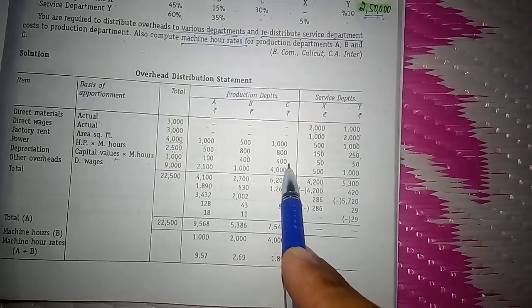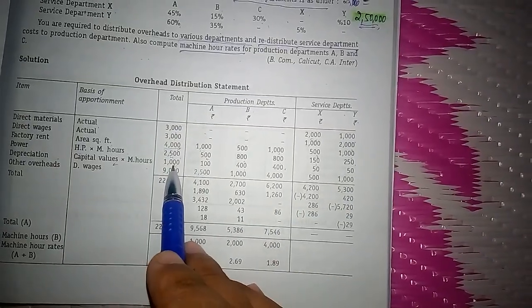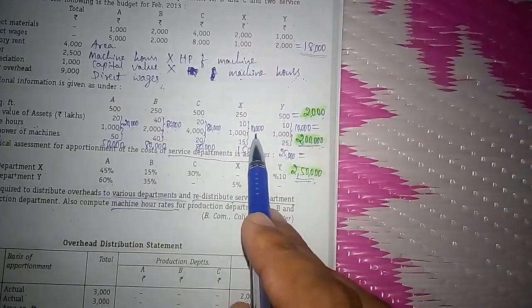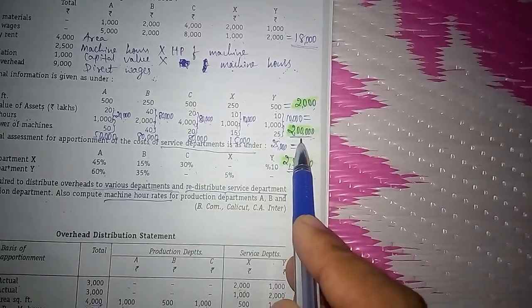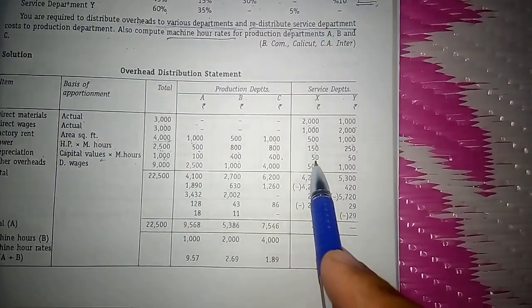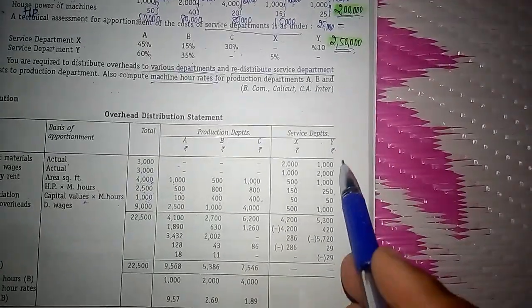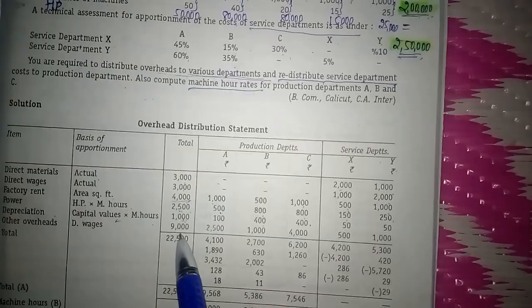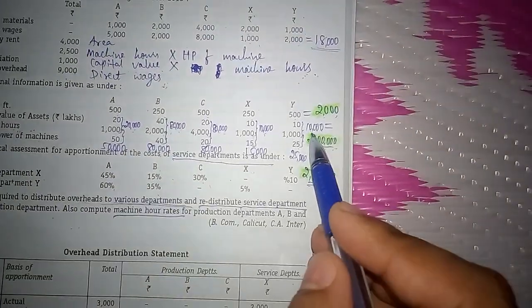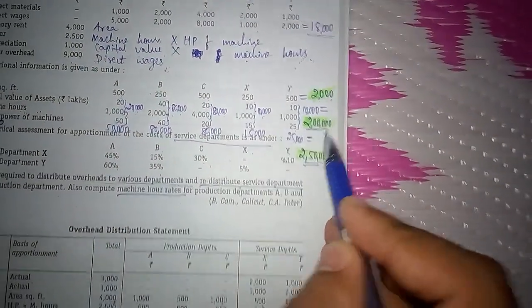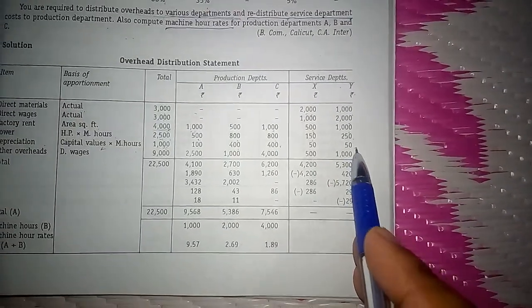Again 1,000 into 10,000 divided by 2 lakh, you will get 50 for service department X. Next for service department Y, 1,000 into 10,000 divided by 2 lakh, you will get 50 rupees.